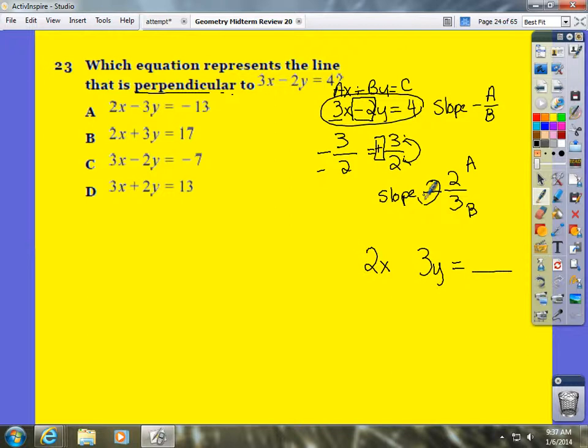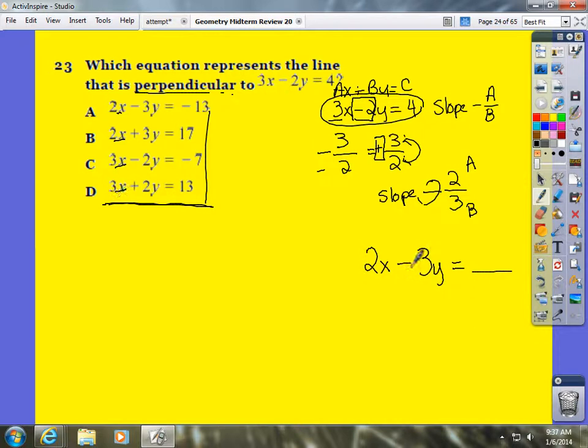Notice that in none of these up here is the x negative. If the x is not negative, then the y has to be negative. So we have 2x minus 3y.